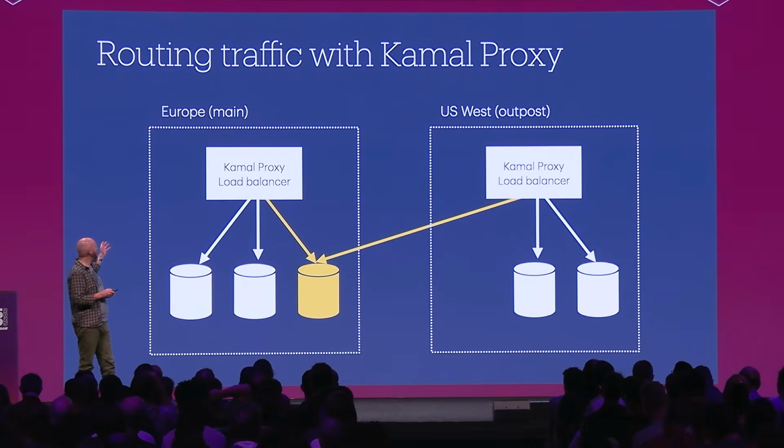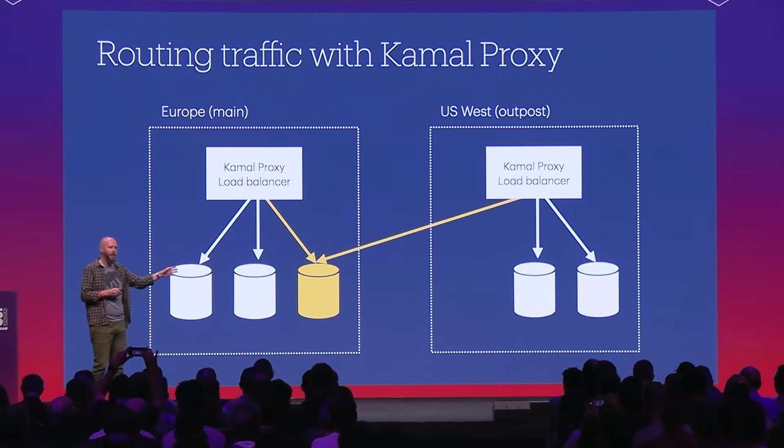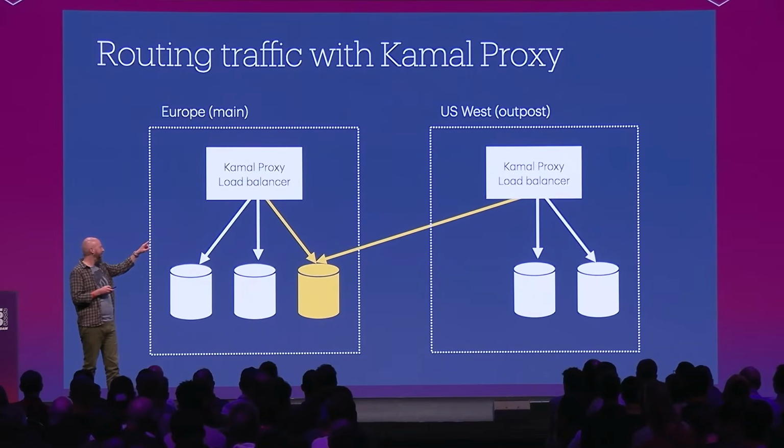You could make a main deployment in Europe where you have your primary database and a couple of read replicas, but you can also make an outpost deployment in the US, which has read replicas there. So then your US customers' traffic is going to land on that load balancer in the US, and all their read requests will be much faster because they're coming from those read replicas that are in the US and have much less latency. Obviously, in this setup, there's still only one primary, which is in Europe. So the US customers will still be paying the latency to get to Europe whenever they do a write.